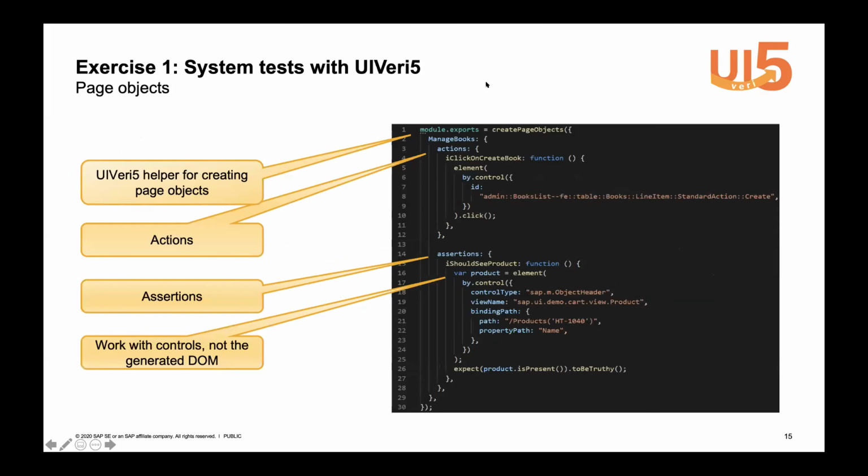There is also support for a page object design pattern in UI5. It helps to structure your actions and assertions for significant parts of your application. As you can see on this slide and screenshot, we use declarative control locators. Their biggest advantage is that, in contrast to DOM-based locators like XPath or CSS, they know about the hierarchical composition of the UI5 controls.